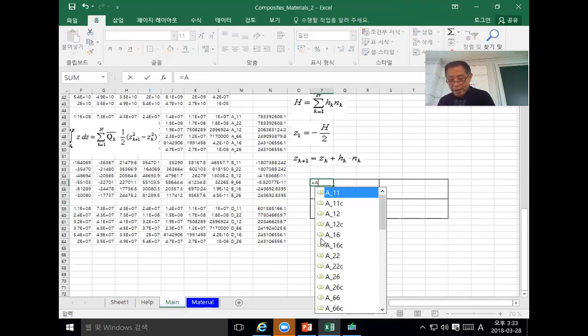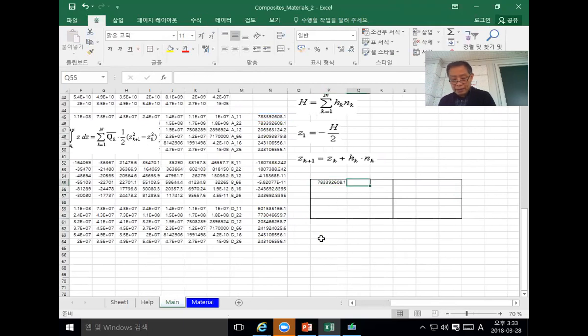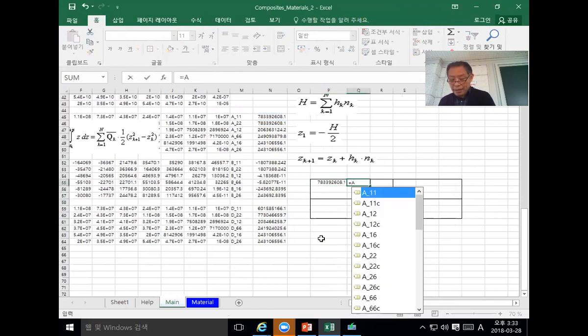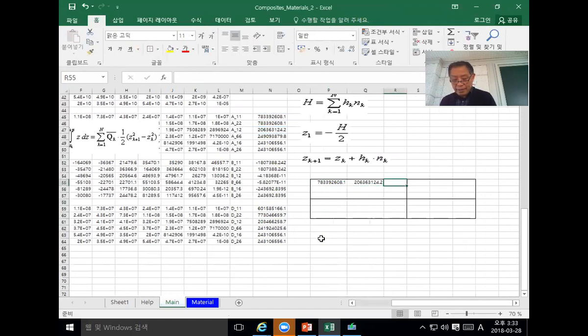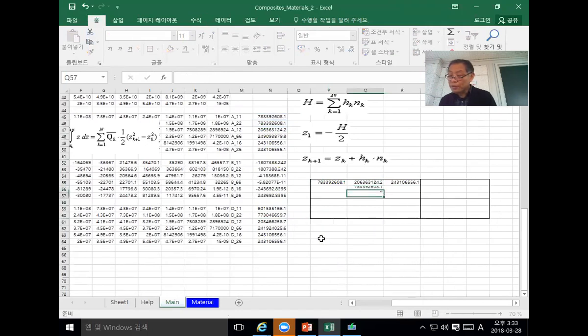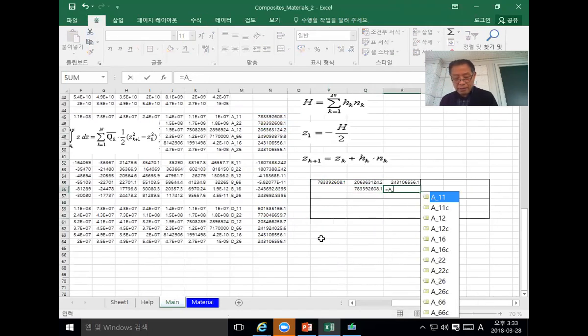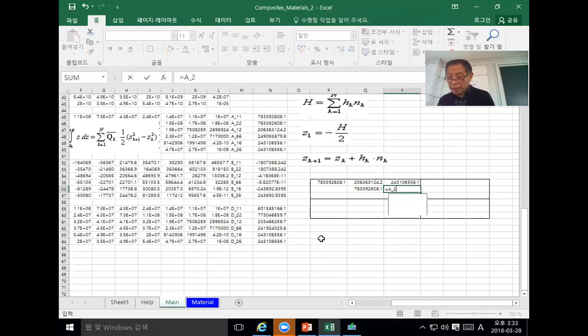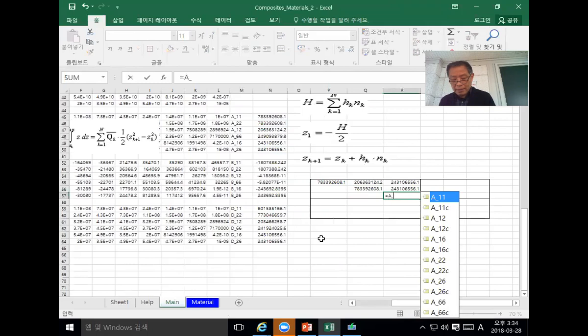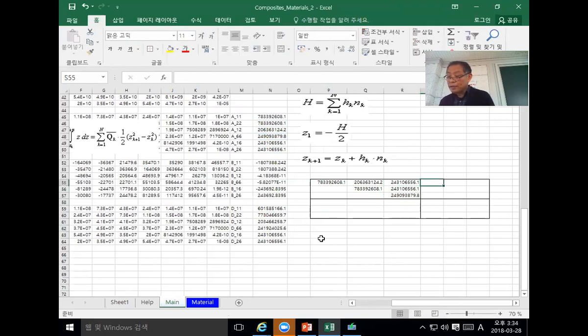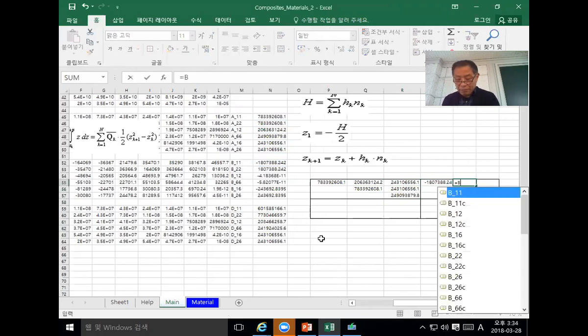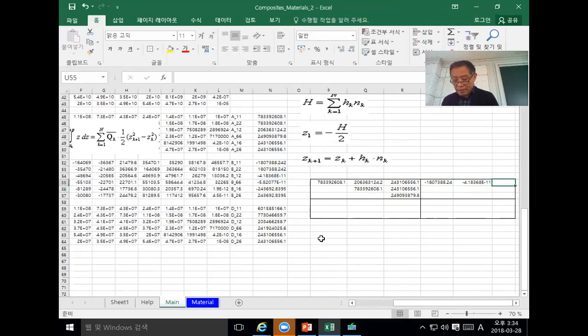So this one, A11 here, A12, A16, and here A22, and here A26, and here A66, and here B11, here B12, here B16.